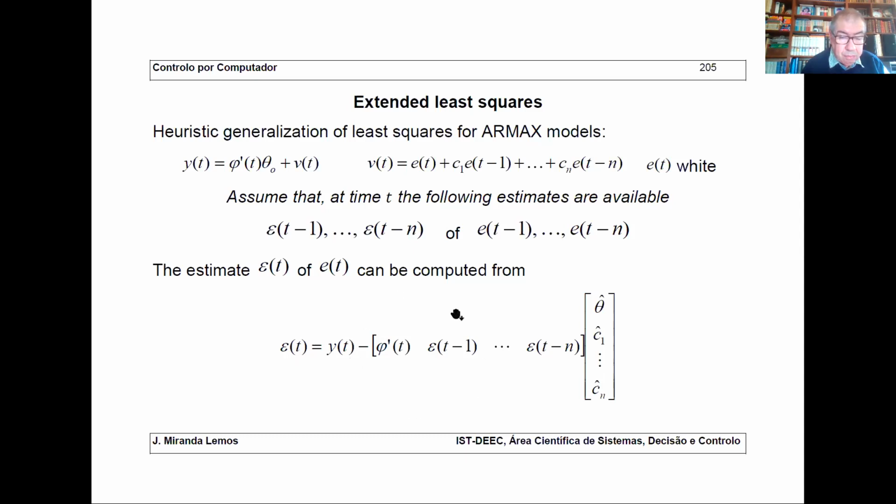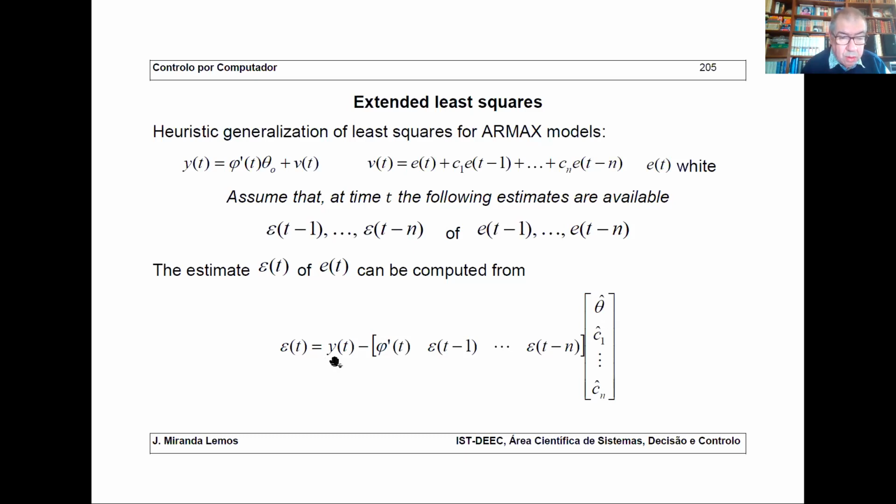So in a recursive way, we generate epsilon. Of course, we start with some estimate of epsilon that can be zeros, for instance. Suppose that initially, making t equal to 1, epsilon of 0, epsilon of minus 1, and so on up to epsilon of minus n, are all 0. And start with some estimates for c that can also be 0.